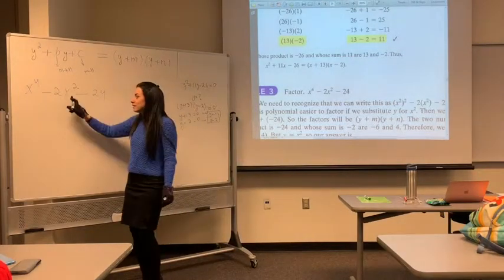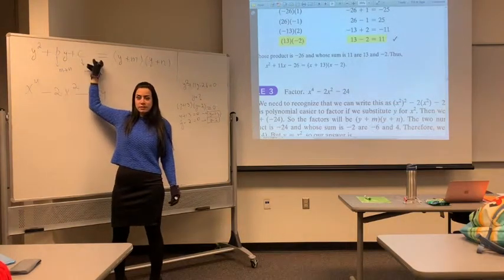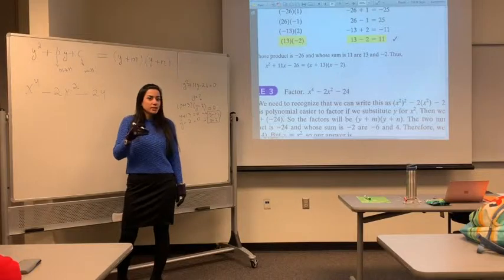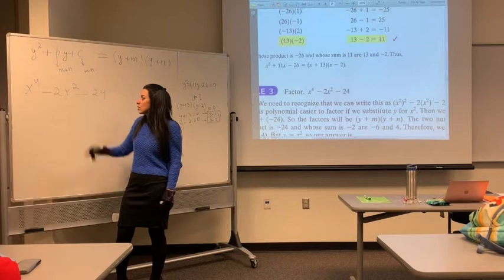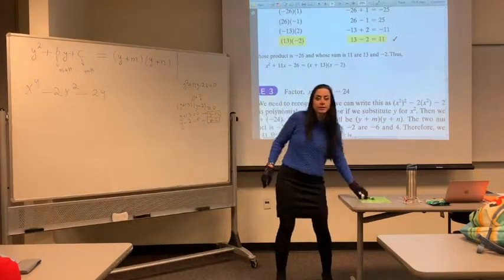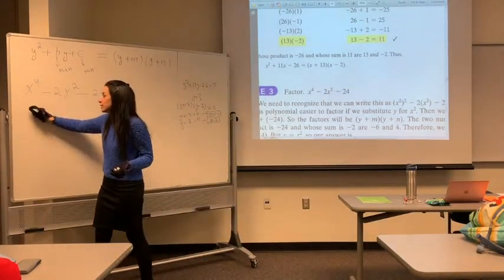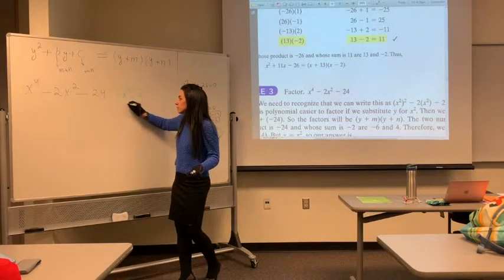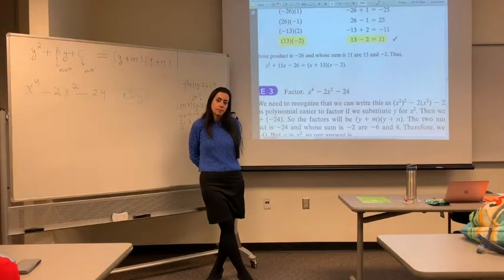Because this is almost the same as this one, right? But changing something gives me the easiest way to solve this using this method. So let's say here instead of x squared, I have y.